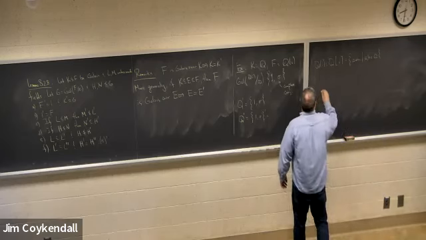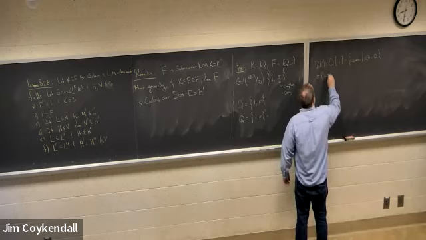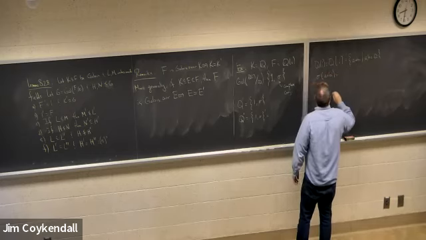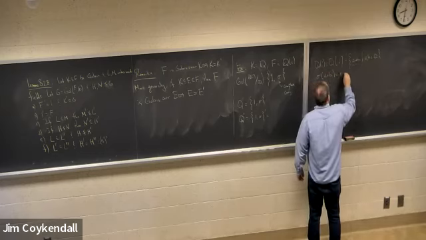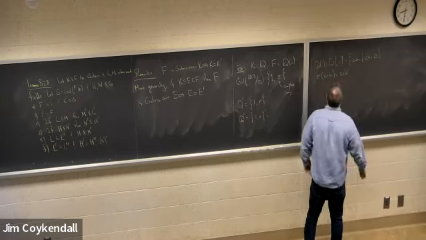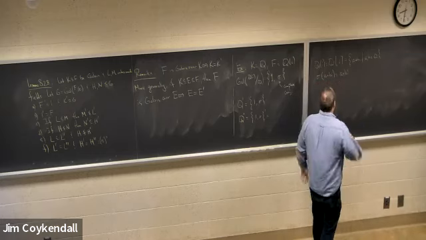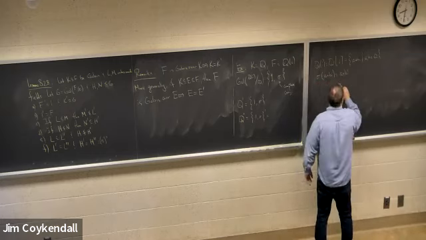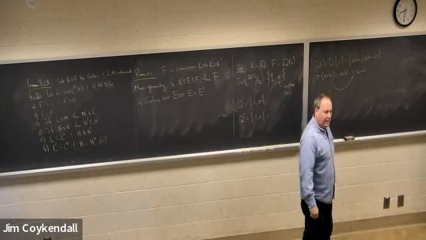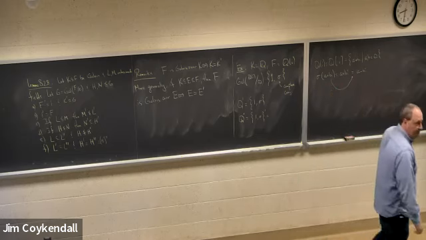Now, suppose sigma of a plus bi equals a plus bi. But sigma of a plus bi is a minus bi, because that's what complex conjugation does.